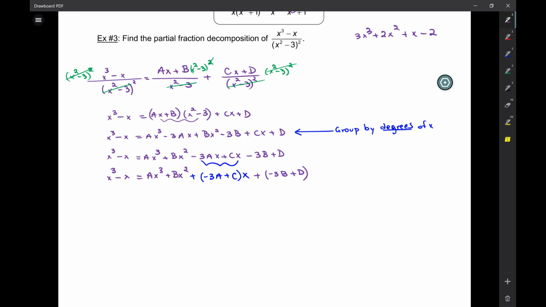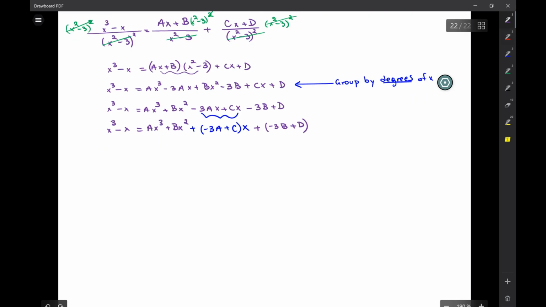Okay, now here's the fun part. What we're going to do is compare coefficients of like terms on the left and on the right. Now, what we're saying is this equals that. Is that correct? Yes. That means whatever coefficient these terms have, the corresponding ones here must have the same coefficient.